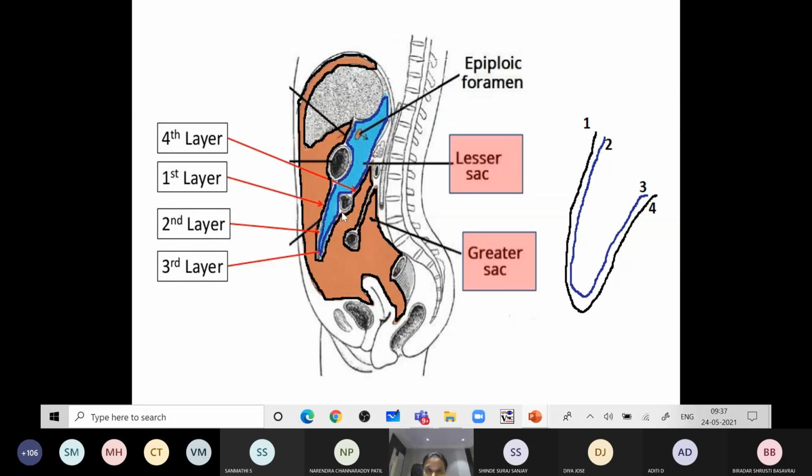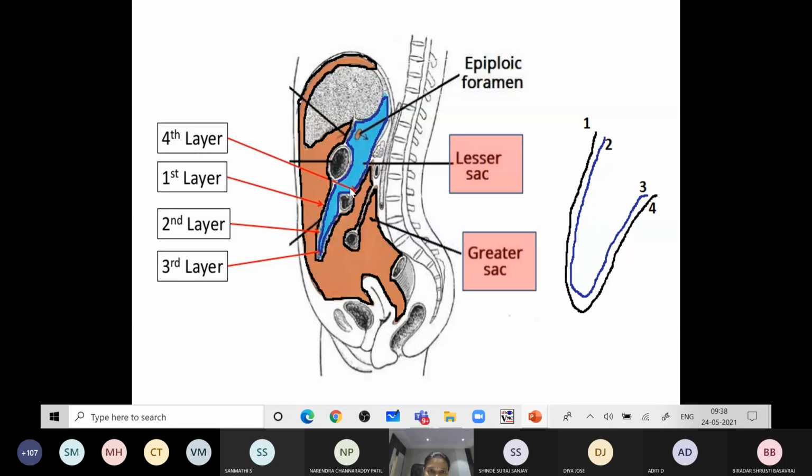The third layer covers the anterosuperior surface of the transverse colon. The fourth layer covers the posterior-inferior surface of the transverse colon, and extends backwards to the posterior abdominal wall as transverse mesocolon.